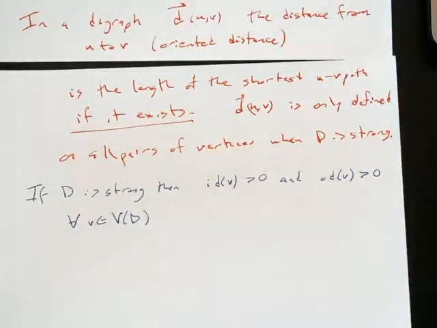That's an if-then. This is a necessary but not sufficient condition. Knowing that everything has positive in degree and positive out degree doesn't guarantee me strong.